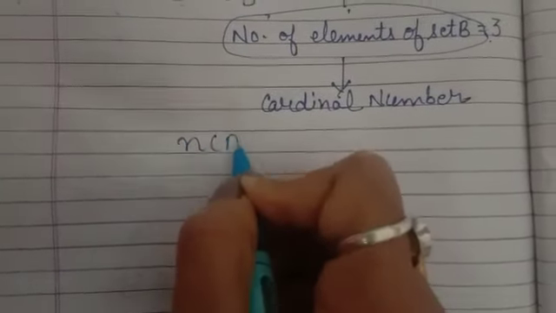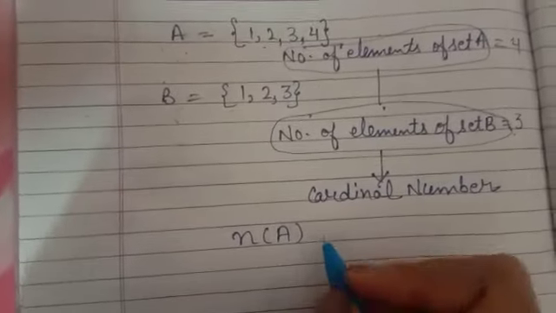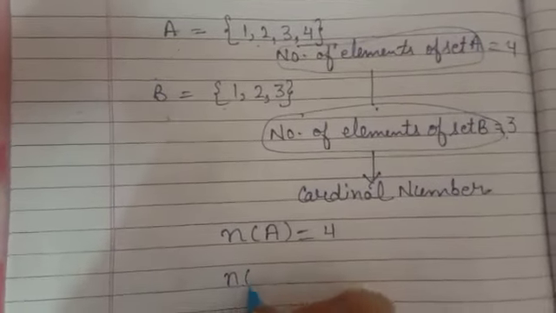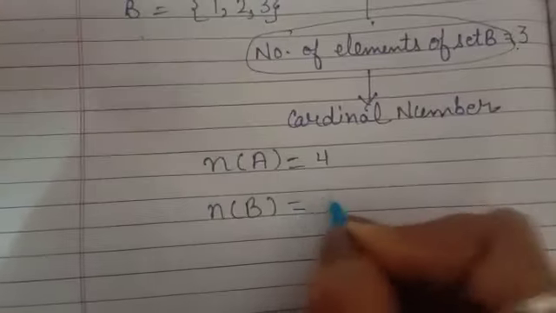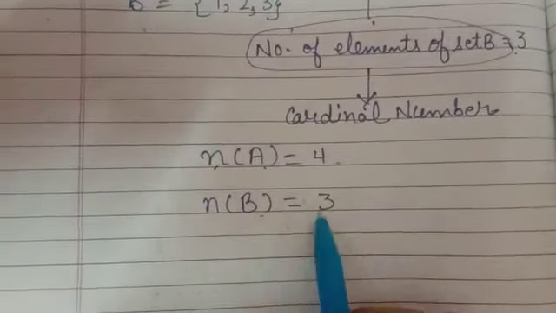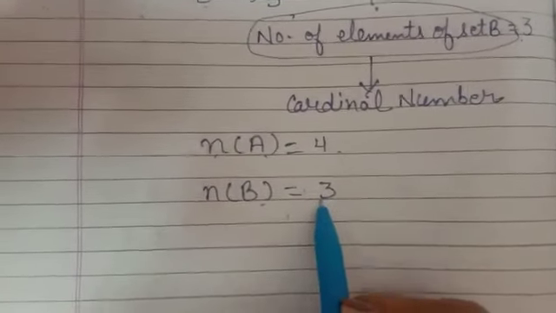We can write it like this: for set A, it will be written as n(A) is equal to 4. n(B) is equal to 3. Cardinal number of set A is equal to 4. Cardinal number of set B is equal to 3.